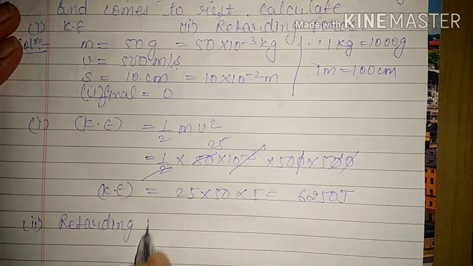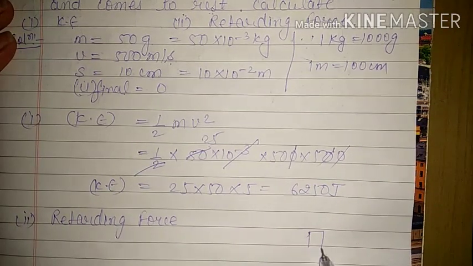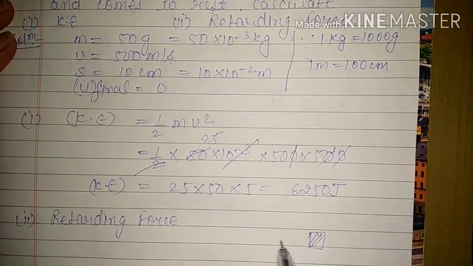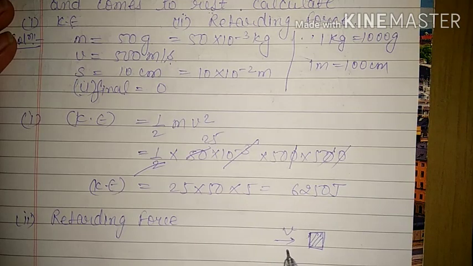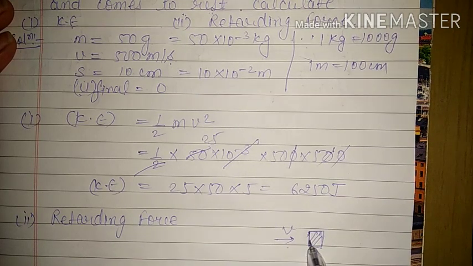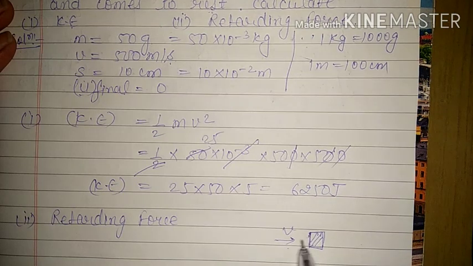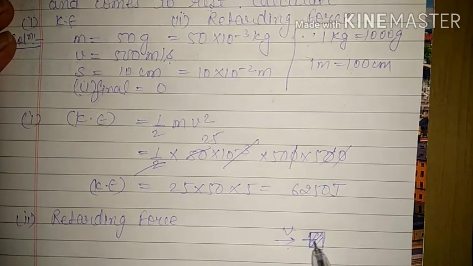See, in the question, one target was there and one bullet was fired from a gun, moving with a velocity. Since this target is at rest, when the bullet was moving, it had kinetic energy. As soon as it comes in contact with the target, this kinetic energy will be converted, and the speed will decrease.